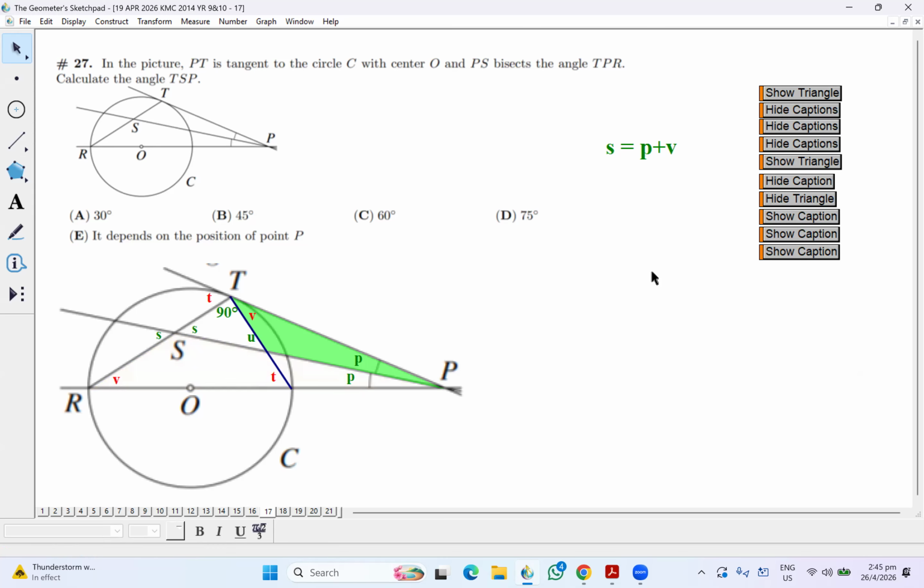U is P plus V, exterior angle of a triangle equal to the interior opposite. Okay. So S equals U.